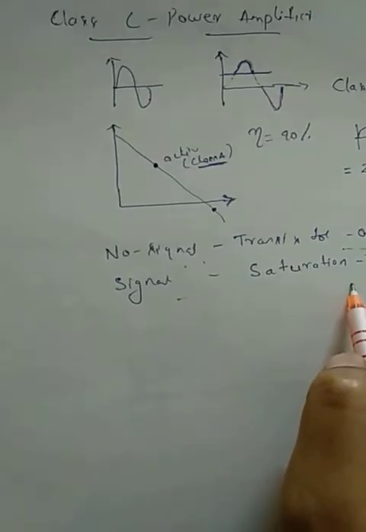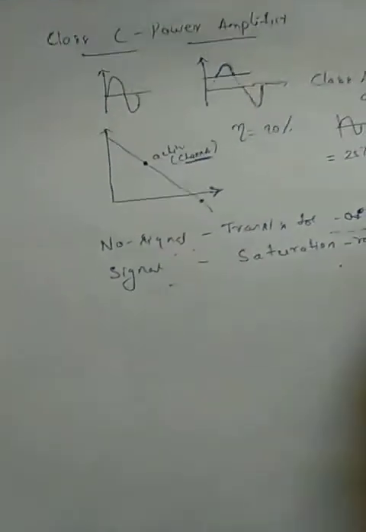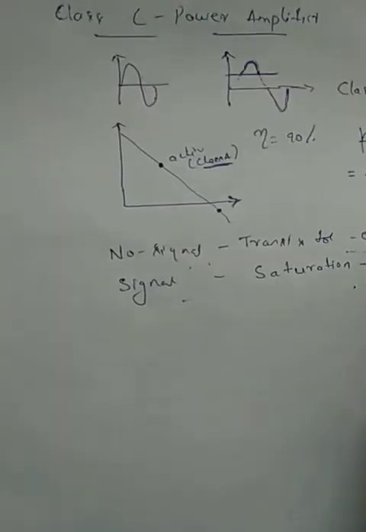When the transistor is off, the current through the transistor is very small.